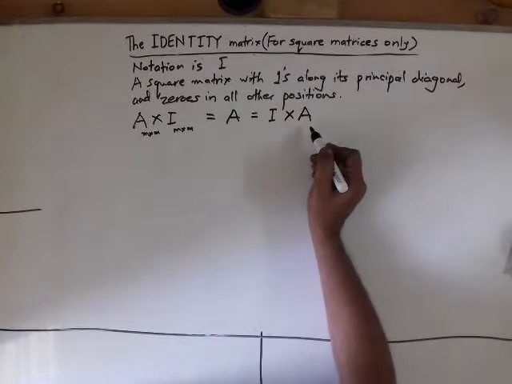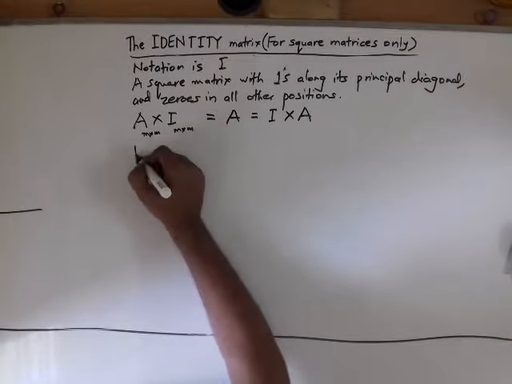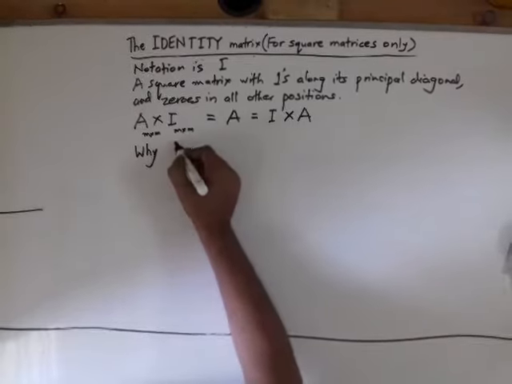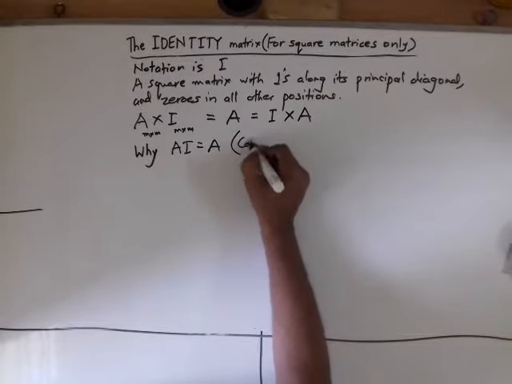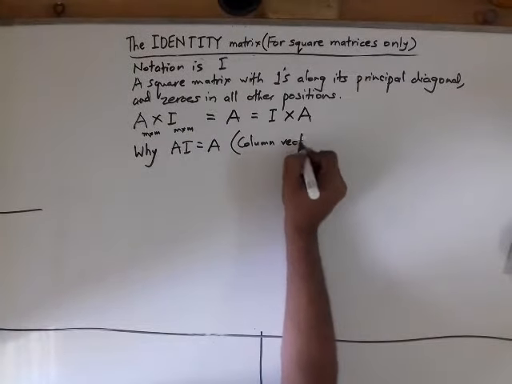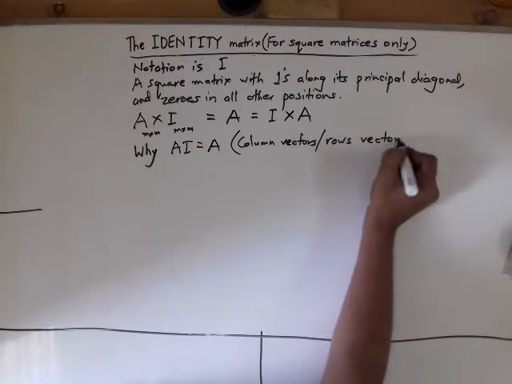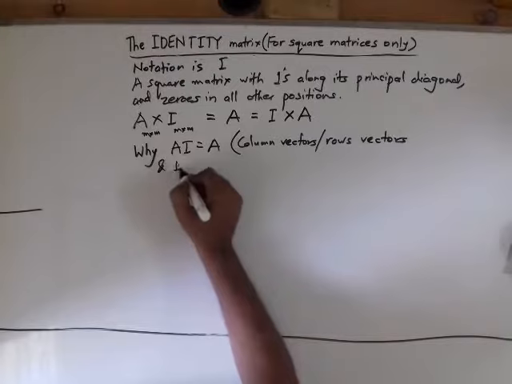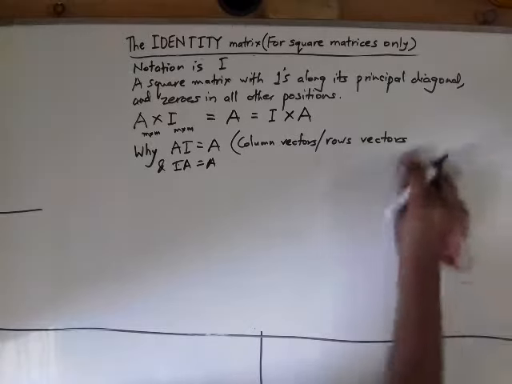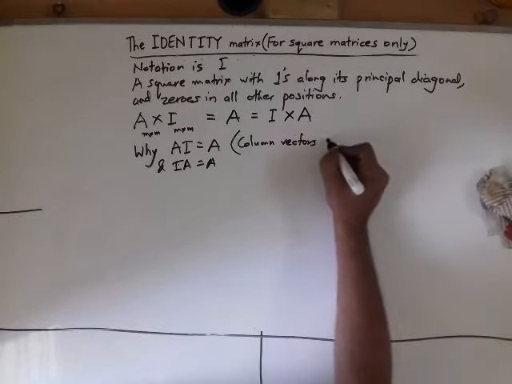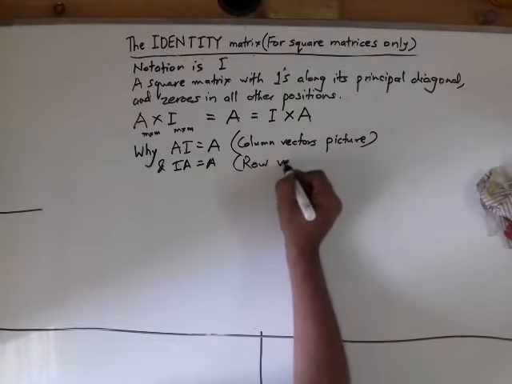I don't think we really called out any other properties. We also saw why AI leaves A unchanged. We did the thing with the column vectors, we saw the column vectors picture, and here we saw the row vectors picture.